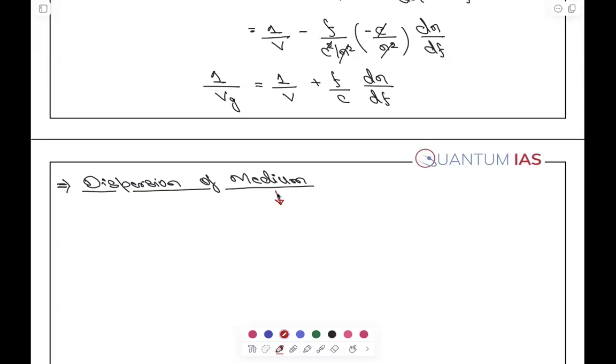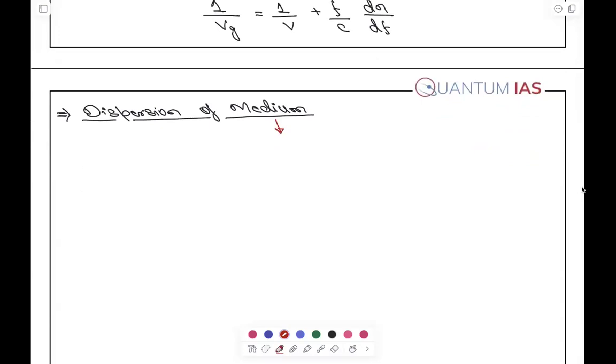Okay, do we know that if we have a medium, right, it should be characterized by the speed of a wave? Yes or no? If I am saying that speed of a wave is there, then I can say that the speed of a monochromatic wave will remain constant.